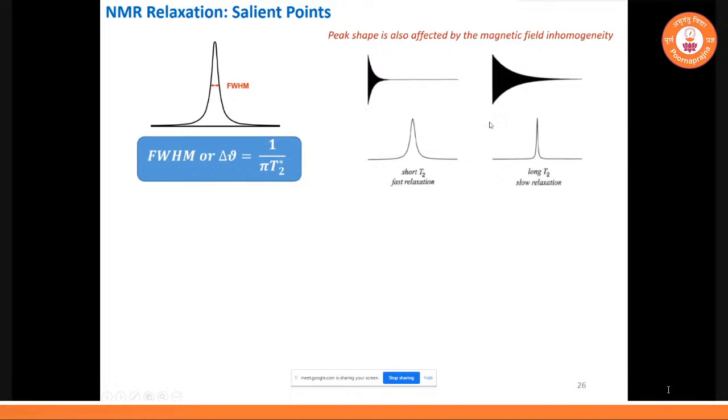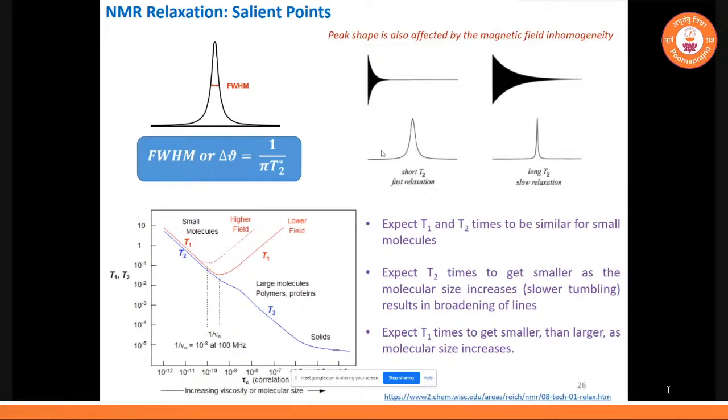This is the case we observe in solution-state NMR, whereas in solids we face this problem. Lines are broader, and resolution is always a problem. I will come to that point later. Second, if we plot T1 and T2 as a function of correlation time, correlation time is the average time taken by the molecule for one rotation. For small molecules, T1 and T2 are almost in a similar range.